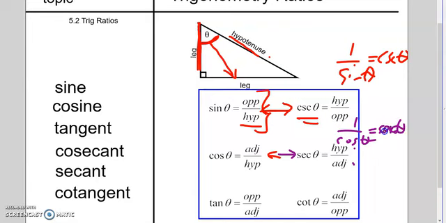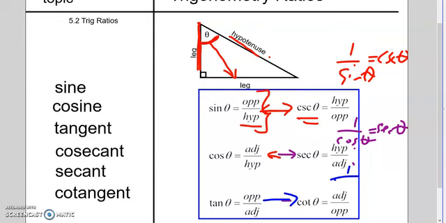And you can also just flip your ratio around. If you have your cosine theta, you can flip it around to get the secant theta. So this is secant theta. All right, and then the last new one is cotangent theta. Cotangent theta is associated with your tangent, and that is the reciprocal of your tangent.